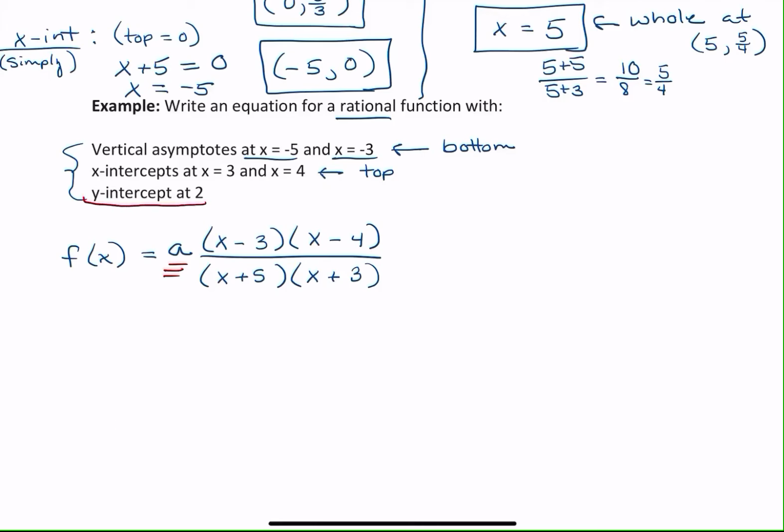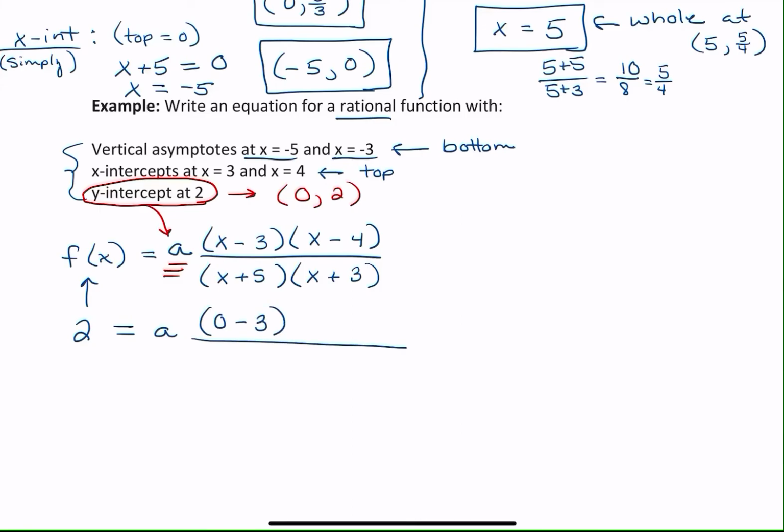And that's what I'm going to use the y-intercept for, to find a. So the y-intercept is the point 0, 2, where x is 0 and y is 2. So I'm going to plug 2 in for y, or f of x, equals a, and then I'm going to plug zeros in for all of my x's.